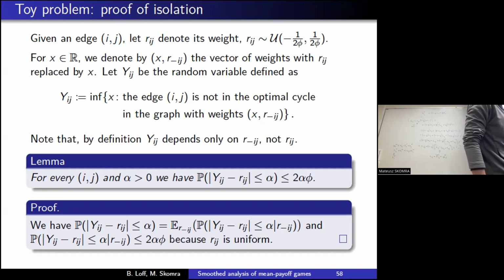Since it's independent of R_ij, what's the probability that R_ij is close to it? Well, it's small, because from the perspective of R_ij, this is a constant. It's like asking what's the probability that my uniform R_ij is close to a constant? It's the length of this interval times phi.